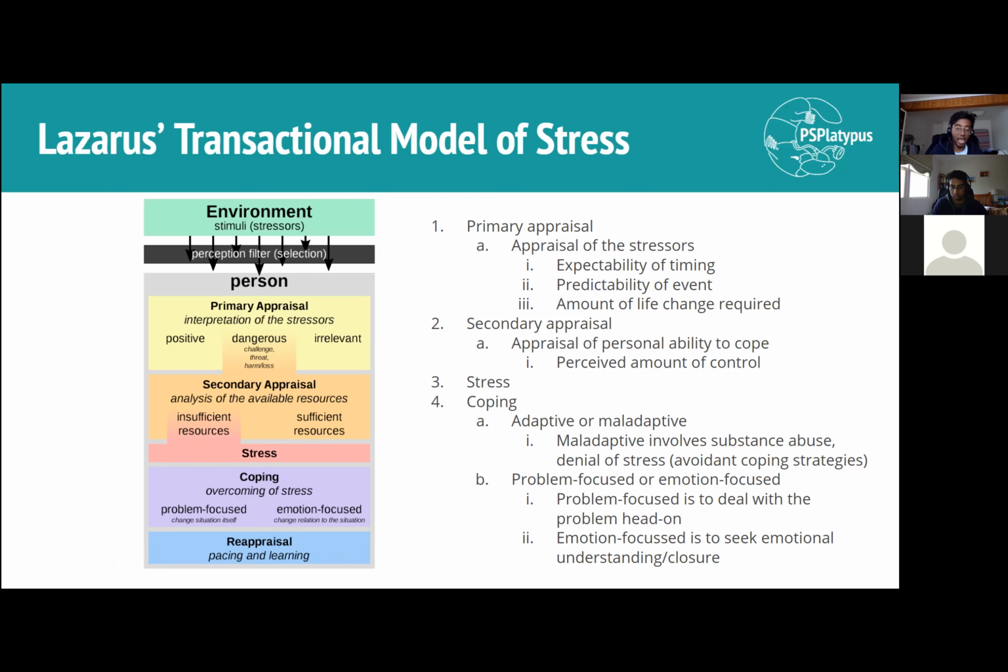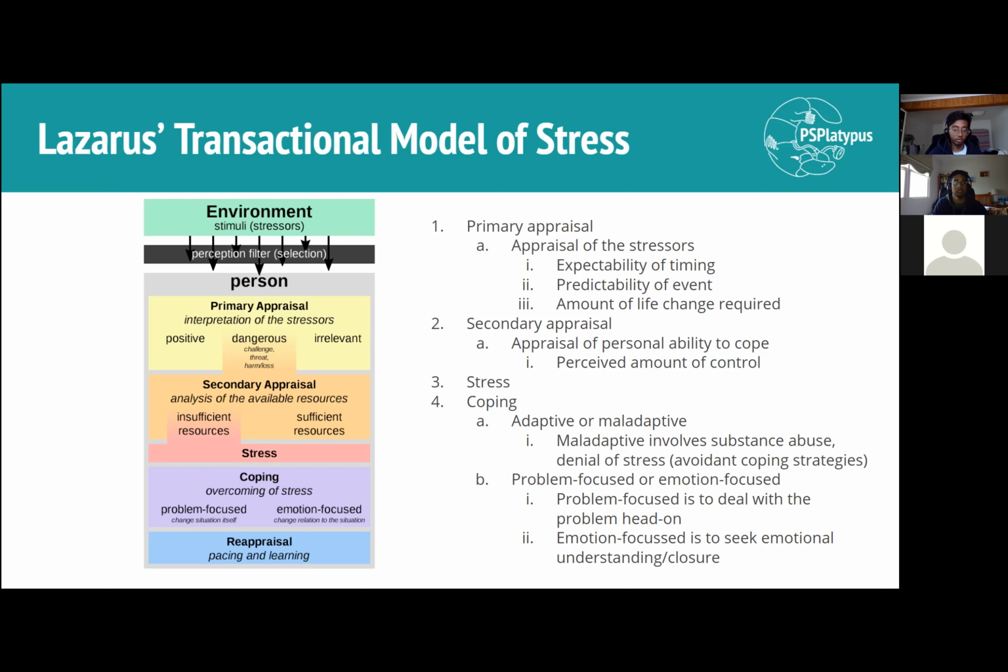It can be adaptive or maladaptive. It can be maladaptive if it involves things like substance abuse or denial of the stress. So that's avoidant coping strategies. But it can be adaptive if it's problem focused or emotion focused. Those are the two types of essentially beneficial coping strategies.